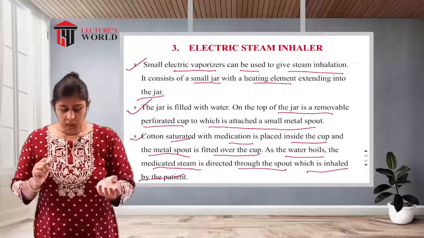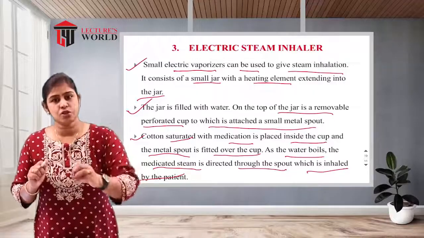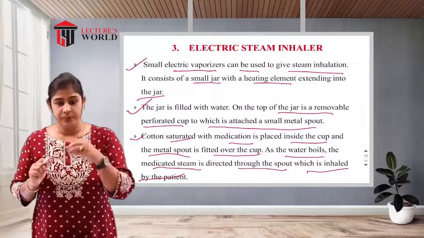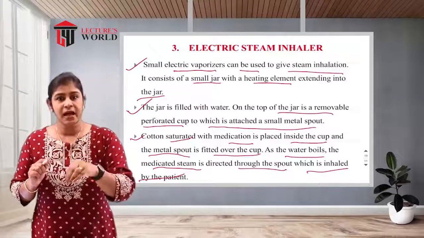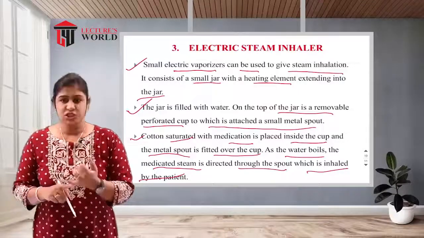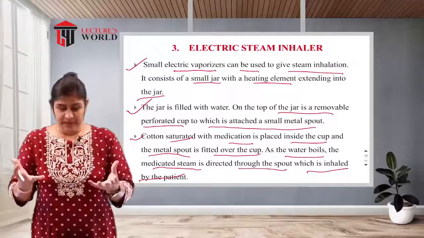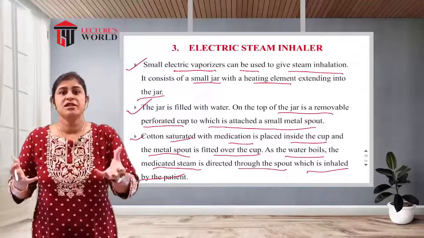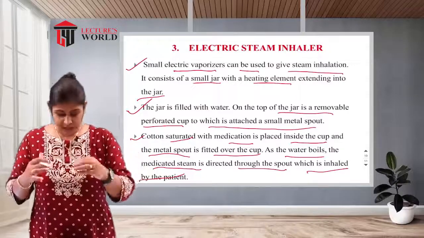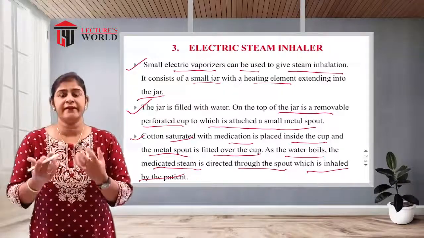A cotton saturated with medication is placed inside the cup, and the metal spout is fitted over the cup. As the water boils, the medication is directed through the spout and is inhaled by the patient.